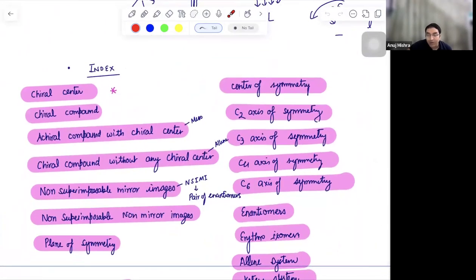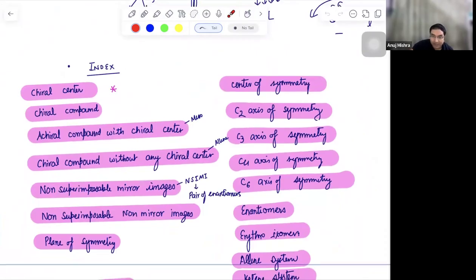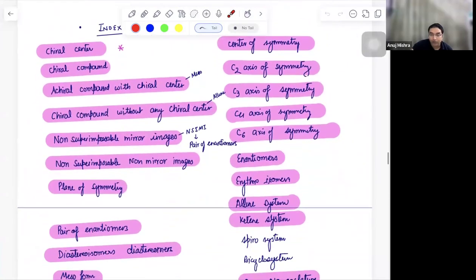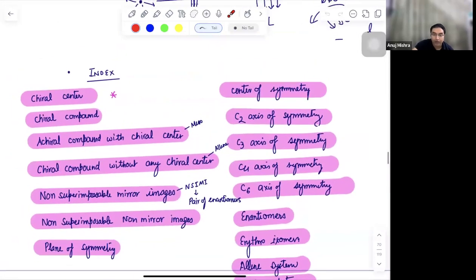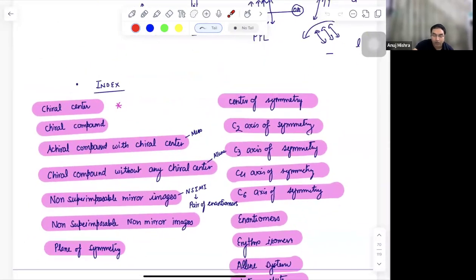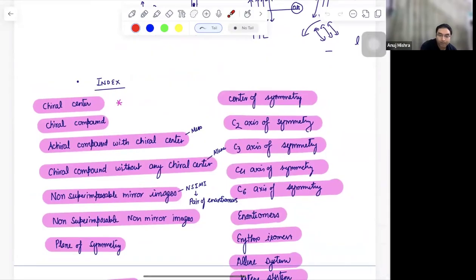Center of symmetry, C2 axis of symmetry, C3 axis of symmetry, C4 axis of symmetry, C6, enantiomer, erythro, allene, ketene, spiro, bicyclo, plane of symmetry, pair of enantiomers. Note this much first, then I will bring the next ones. Try.